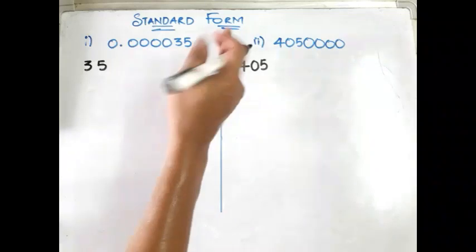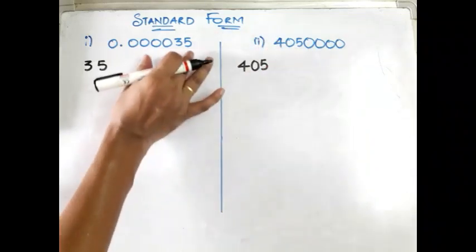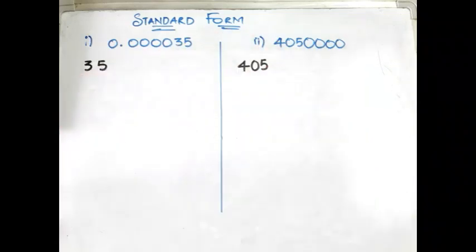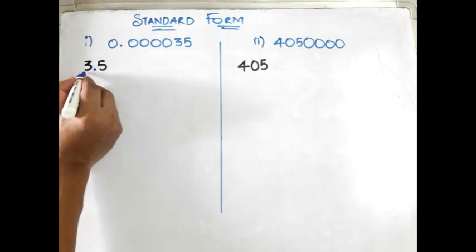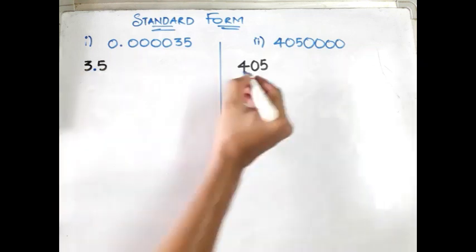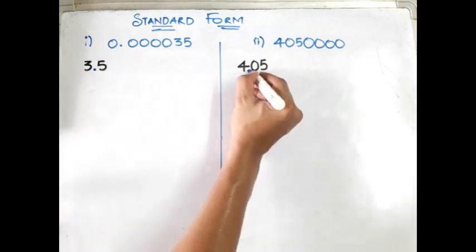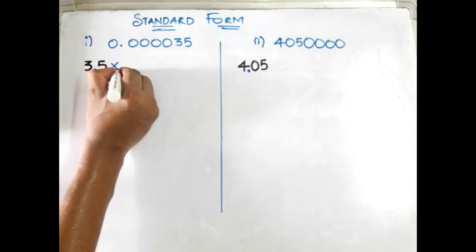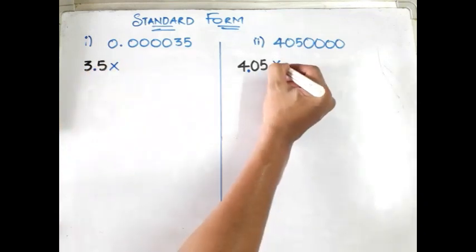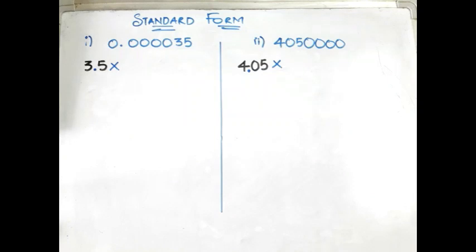Here after 35 we don't have any number or zeros, so directly 35 I am taking. This is the first step, and the second step is to keep the decimal point after one number. Here 3.5, here also 4.05. And the next step is as usual into, here also into. Now please look at the board carefully.